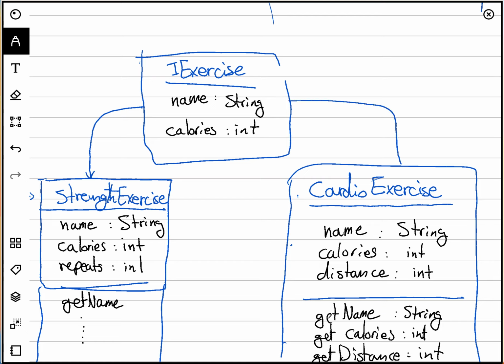So just like this, arrows like this indicate that this interface is implemented by these two classes. Okay, so we represent the interface with the arrows, right?